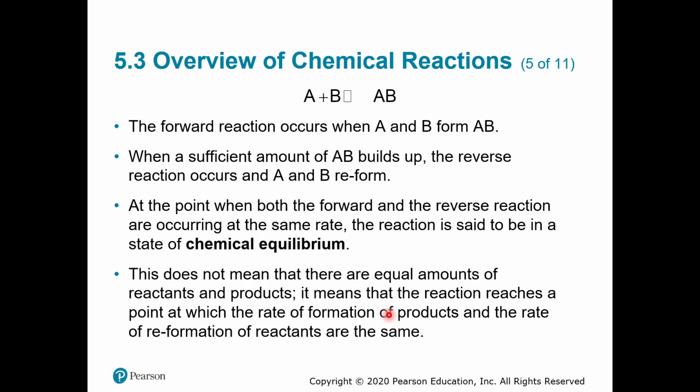Now, the forward reaction is going to occur when we have A plus B, and that gives us AB. And so that would be the forward reaction. The reverse is going to be where these break apart and reform that A plus B. You'll notice they're actually pretty common in our body. For example, we produce glycogen, which is how we store sugars.